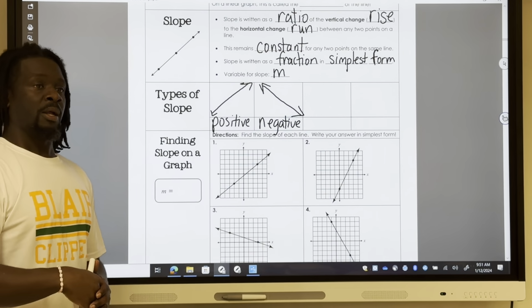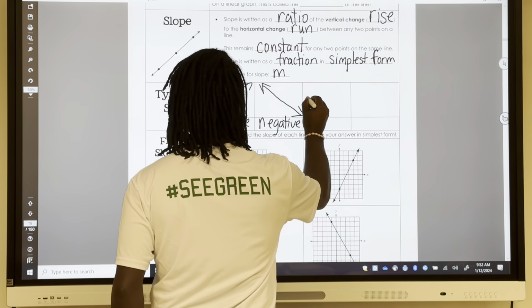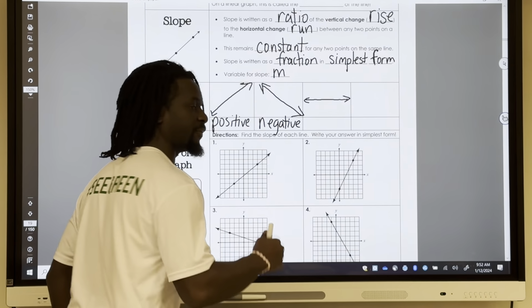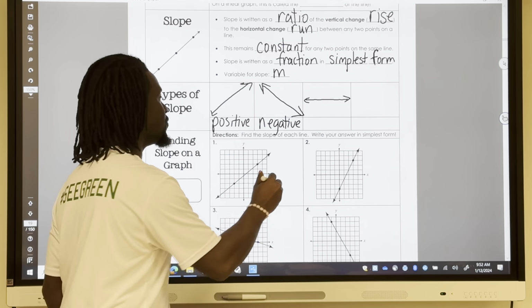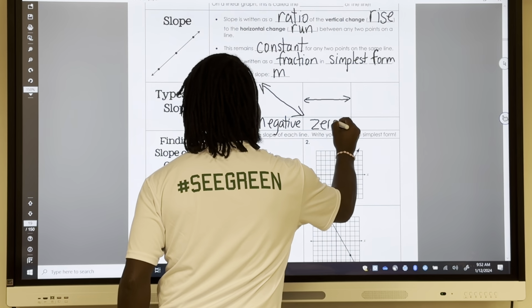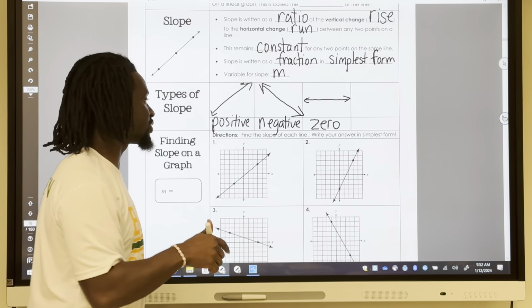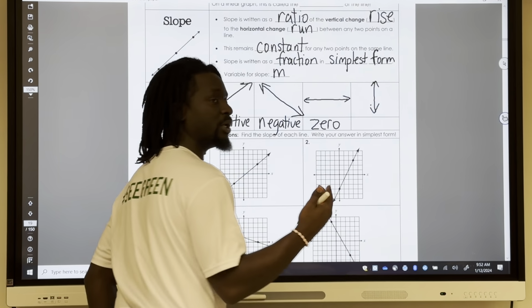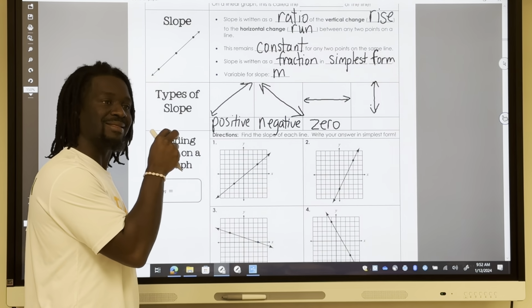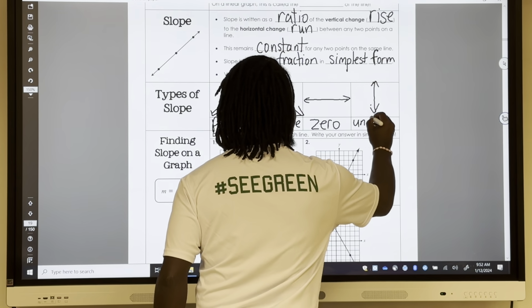The other one that we are going to need to know is a line that's just a horizontal line. That one has a 0 slope. The fourth and final one, which we're not going to need to know in this unit, but I'll go ahead and give it to you, is undefined.